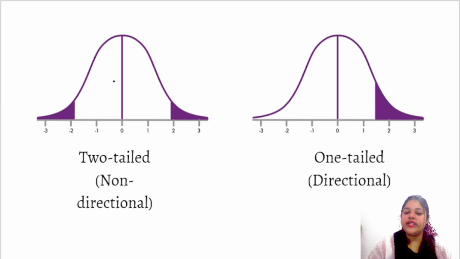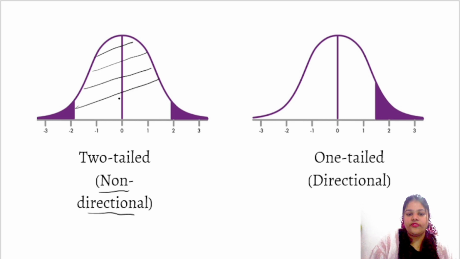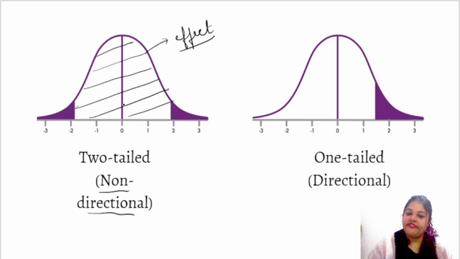So in a two-tailed hypothesis or in a non-directional hypothesis, I have not determined the side of effect. So all of this area, this white area, is the area of effect. That the effect can be negative or positive. My alternate hypothesis will still be correct.